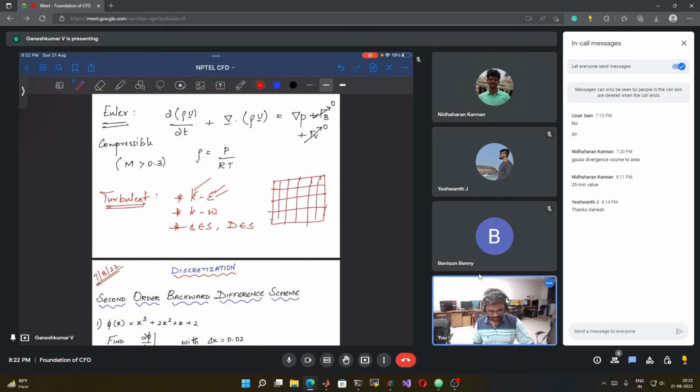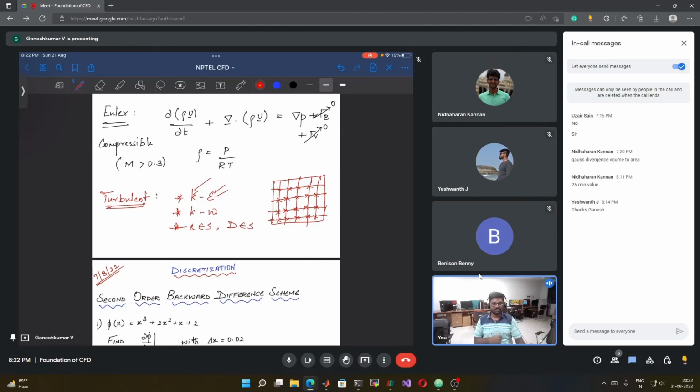I don't need a continuous function for velocity and pressure inside this domain. I only need a few points where these are my areas of interest, these are my nodes of interest, or these are my cells of interest, based on different methods. These are the areas of interest where I need values. If I get the solution for these areas of interest, that would be my solution, and I'm happy with that. So that's what we need.